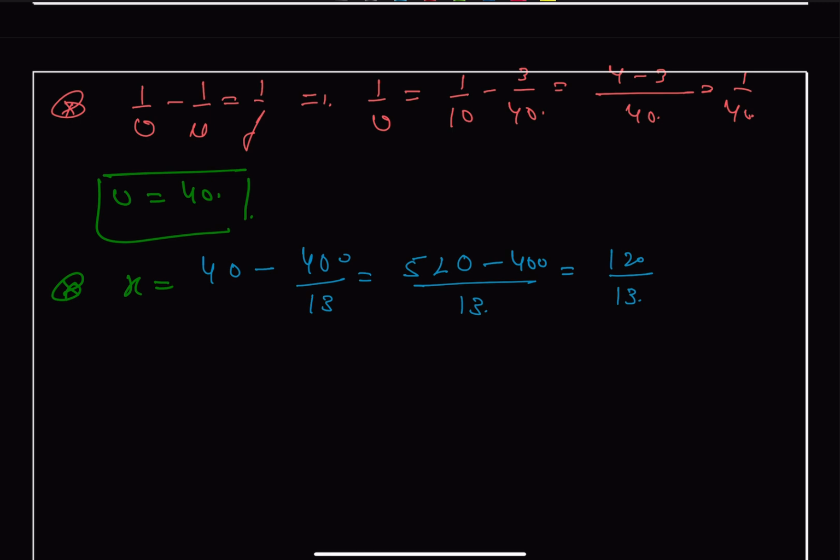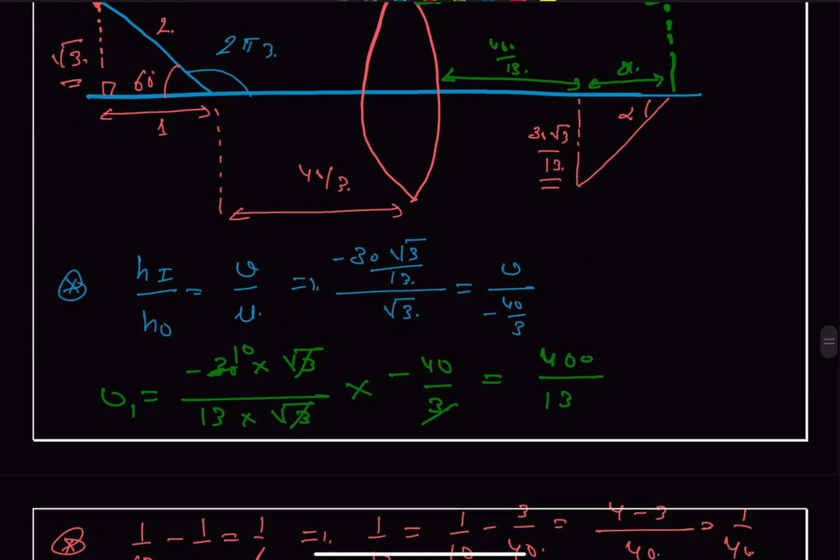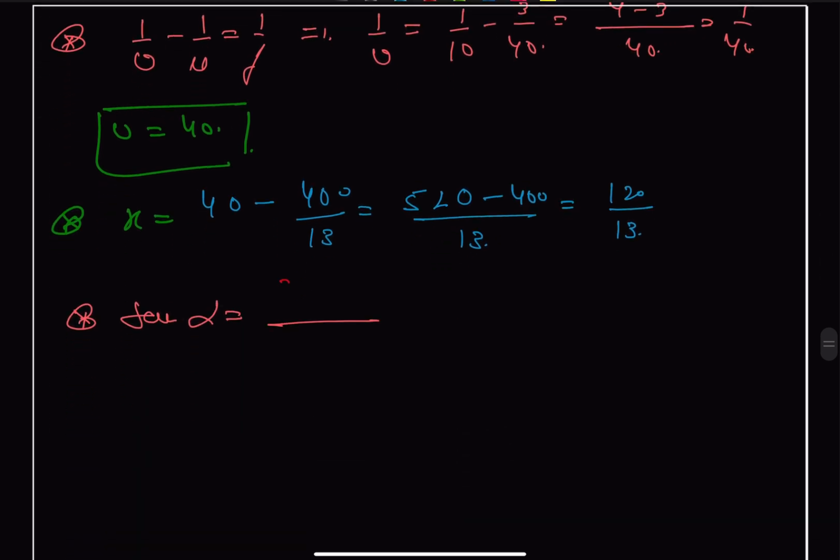Now we can easily formulate our tangent of alpha. So you can say tangent of alpha will be equal to, we are given, this is 30 square root 3 divided by 13. So we have this as 30 square root of 3 divided by 13, and we found out our x is equal to 120 divided by 13, and this will be equal to, we can just solve it now.